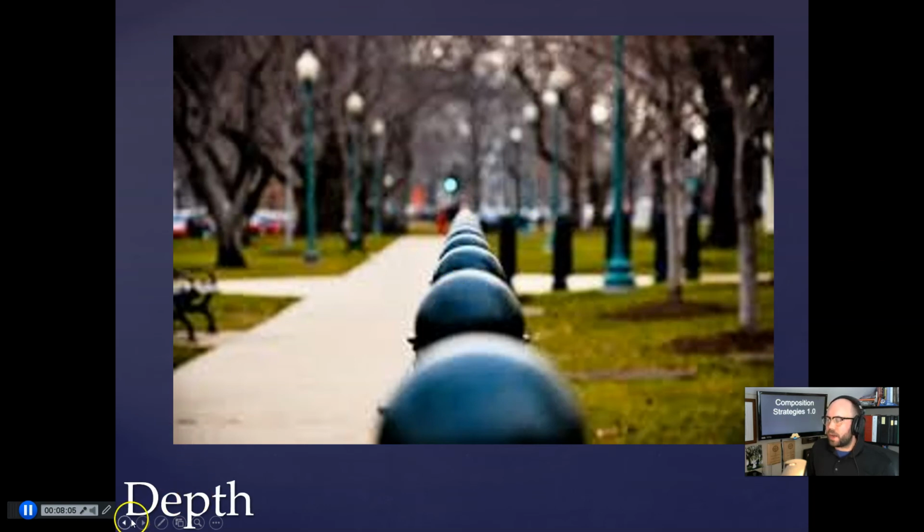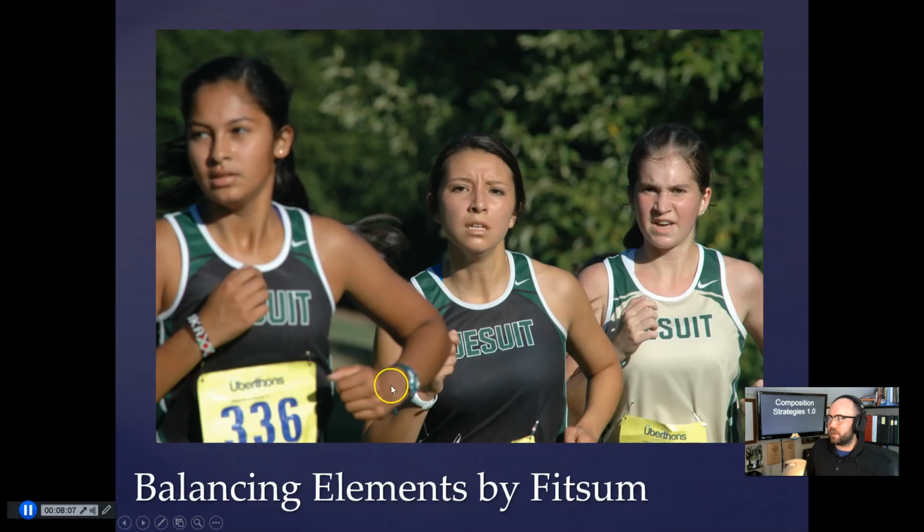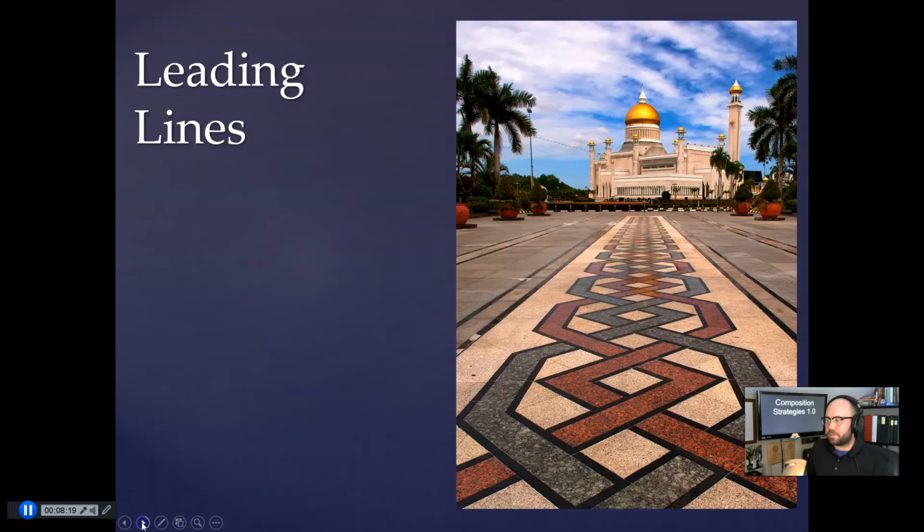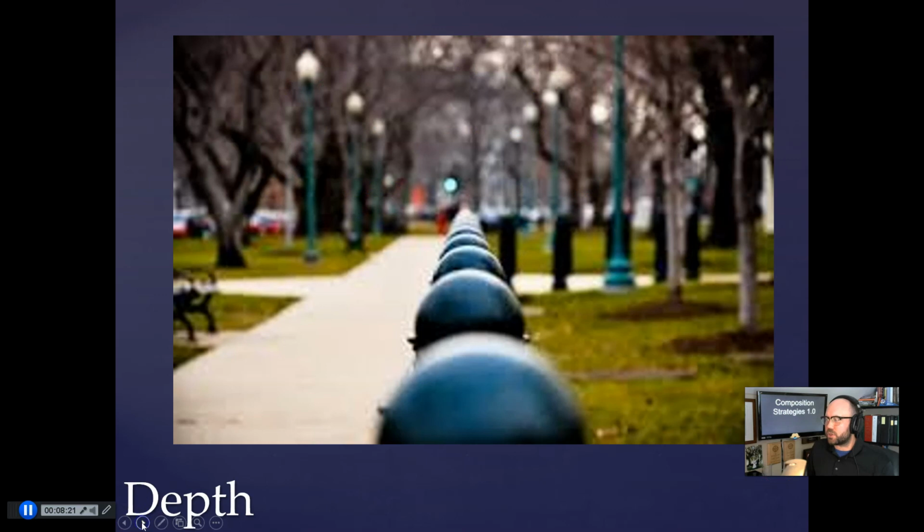So if I go back to this image here, our foreground is blurry, our midground is in focus, these two runners, and then the background is out of focus. That's a great illustration of depth. And here, this is supposed to be showing it, but for some reason it's really pixelated, and I apologize for that. But this should be in focus, this is out of focus, and then the foreground is also out of focus. And that gives the illusion of depth.